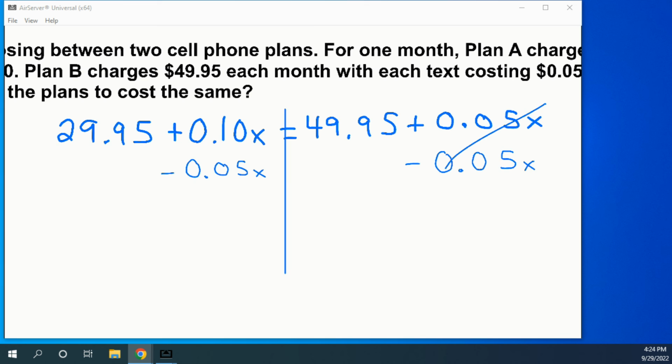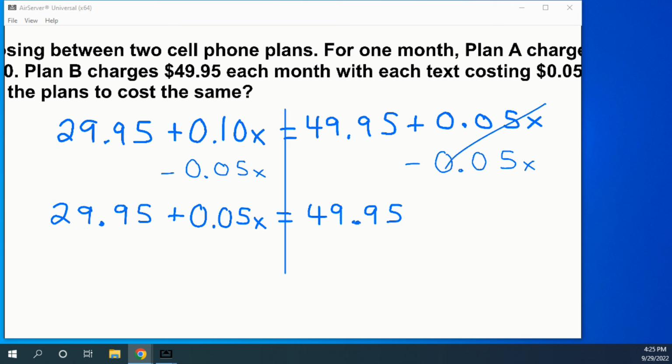So on the left side, I'll have $29.95 plus 0.10 minus 0.05 gets me 0.05x. And I'm going to set that equal to just the 49.95. Now it's a two-step equation.